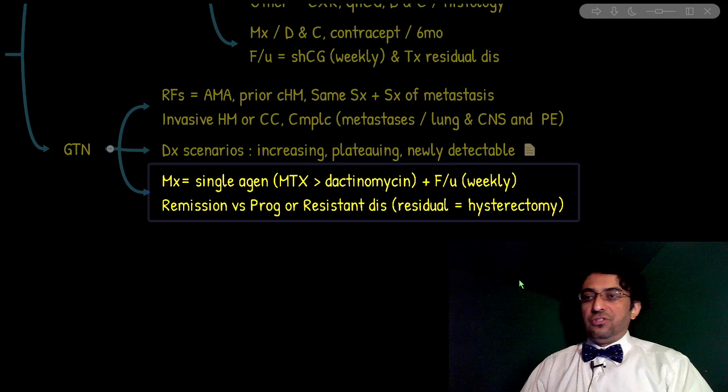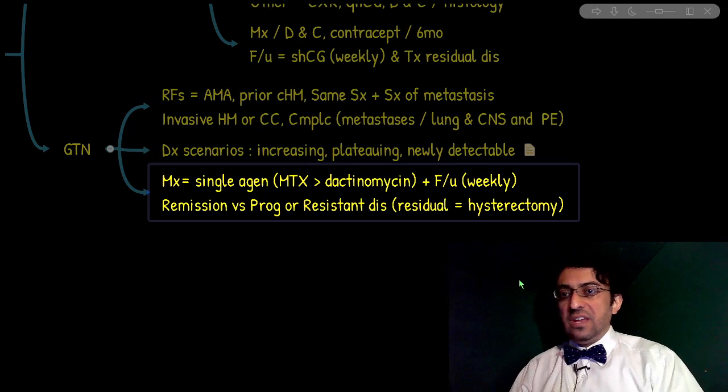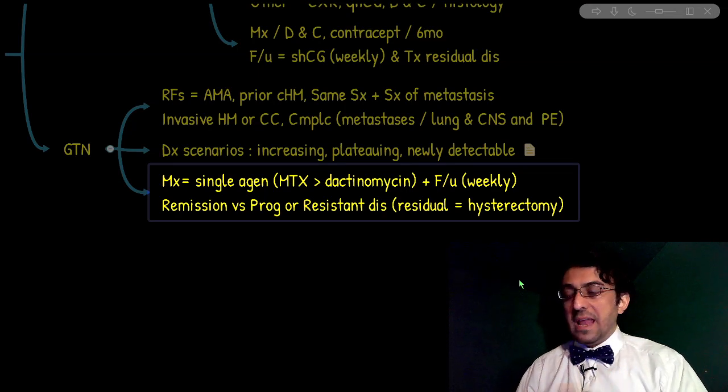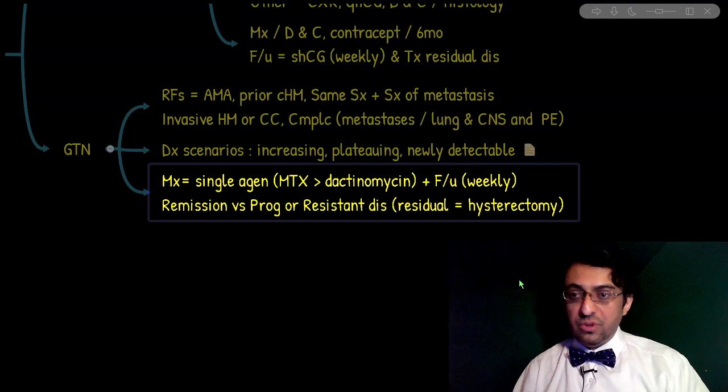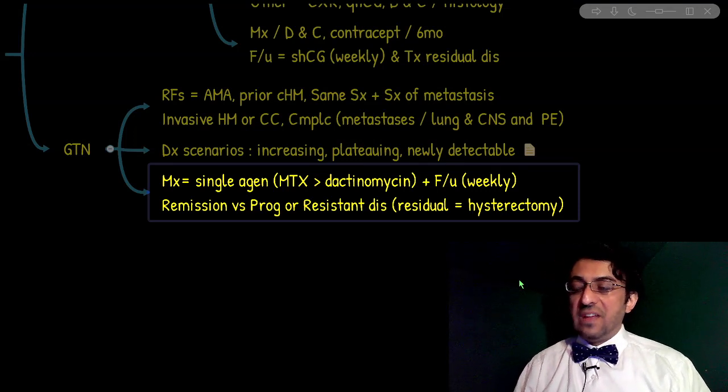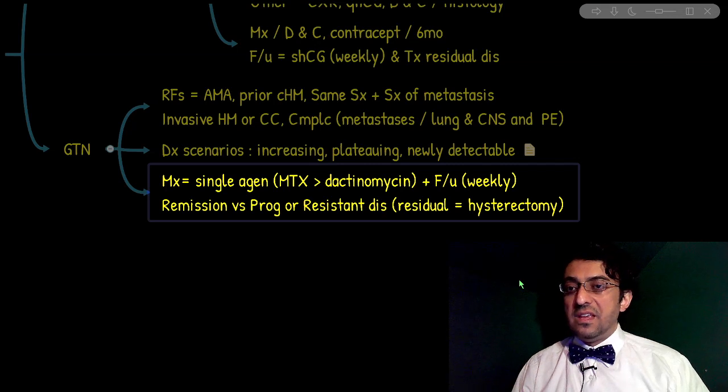Continuing our case, methotrexate is initiated, and at the baseline of the treatment, the ultrasound also detects bilateral adnexal masses, which are cystic. True or false, the management at this step is hysterectomy. That is false.